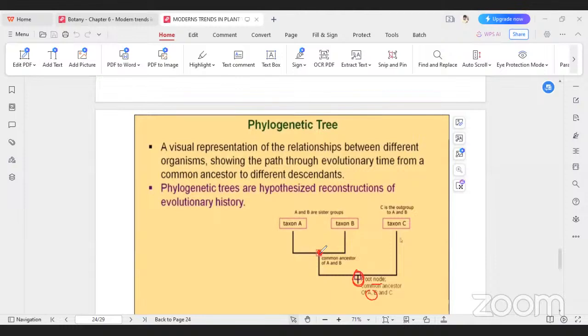One common ancestor for A and B, and this is also a common ancestor to C. C is the outgroup to AB. Actually, AB is one same group, C is the outgroup, but ABC share a common root node. ABC common root. That is the phylogenetic tree.